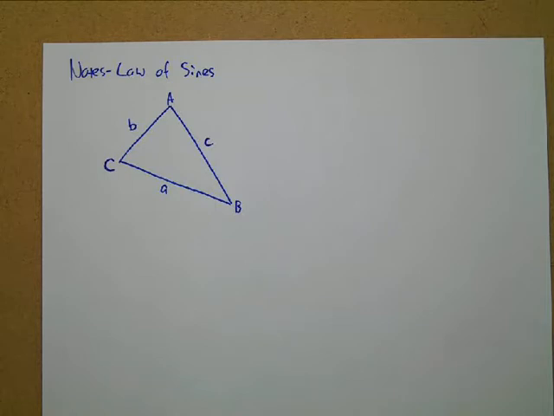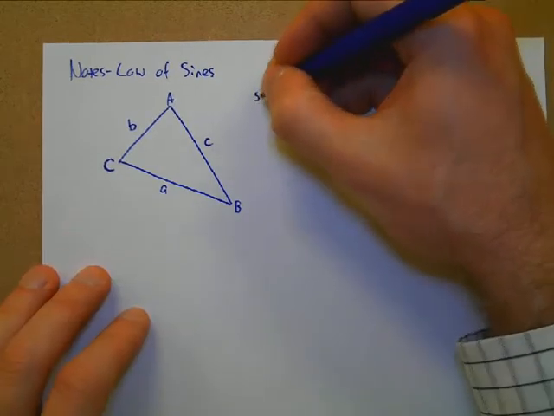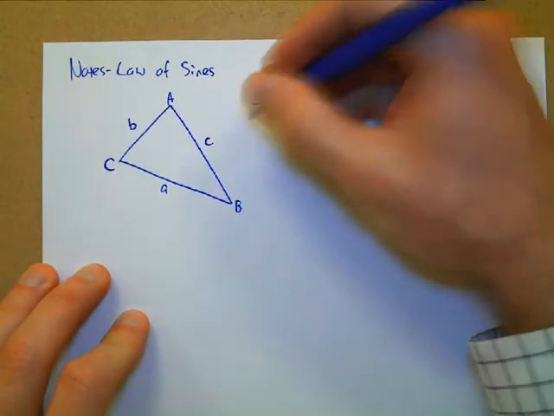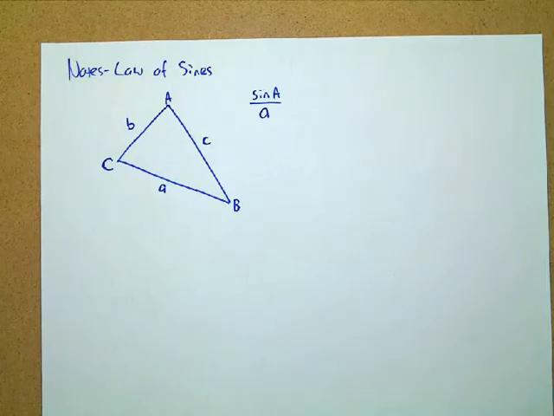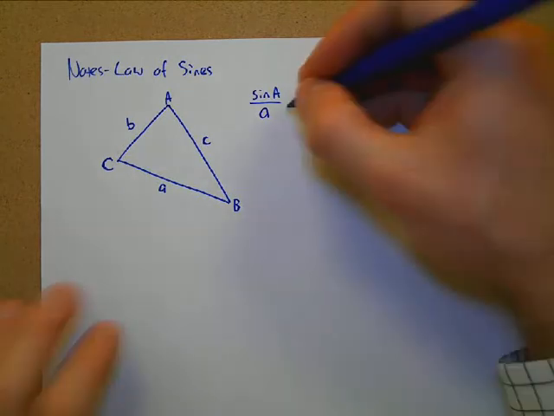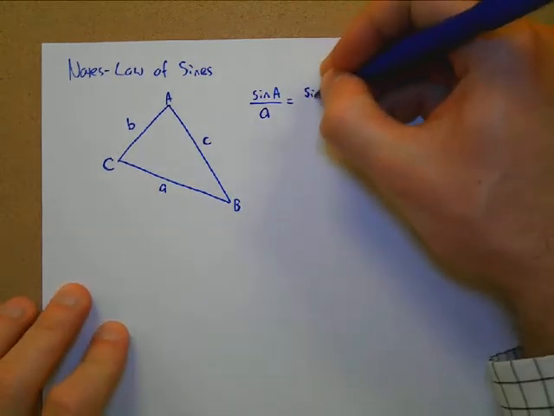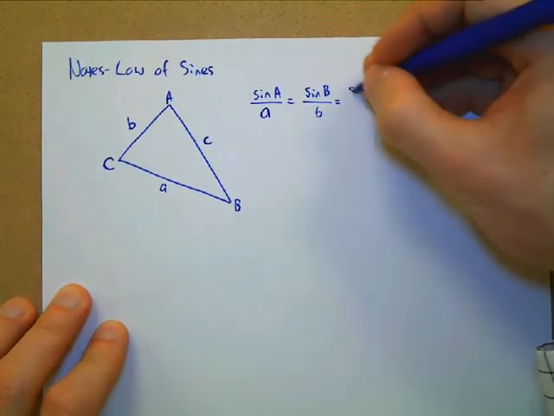All right, and so here's the law of sines. It turns out that the ratio of the sine of angle A over side a is the same ratio as the sine of angle B over side b, which is the same ratio as the sine of angle C over side c.